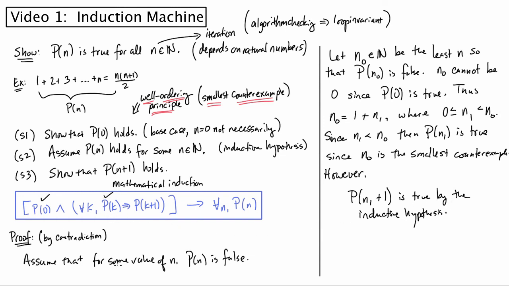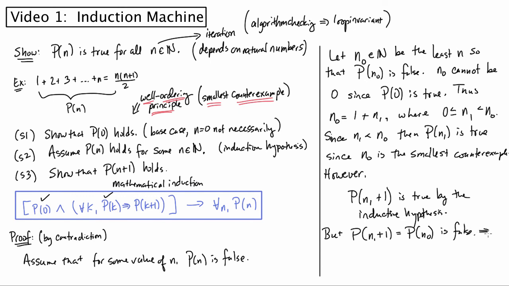Because we have this condition as well, which says that if you have one step, the next step in the chain is also true. So if I know P of n1 is true, then P of n1 plus 1 has to be true. But we know here that P of n1 plus 1 is equal to P of n0, which is false.